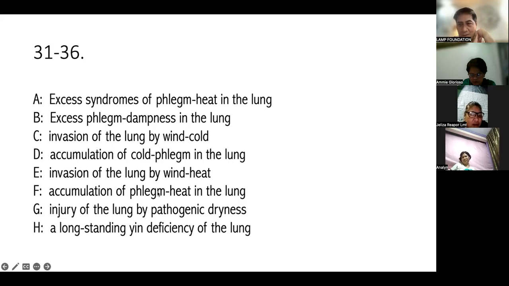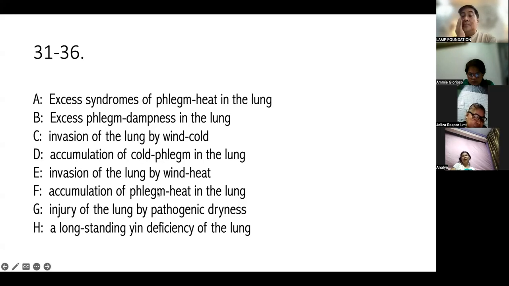Ano yung mga organs sa middle burner? Ang kidney po, Dok. Nasa kidney? Nasa middle burner ang kidney? Ano nangyayari? Okay. Sa front third, nandun yung lungs pati heart, right? Upper burner siya. Sa middle third, ano yung mga organs nandoon?